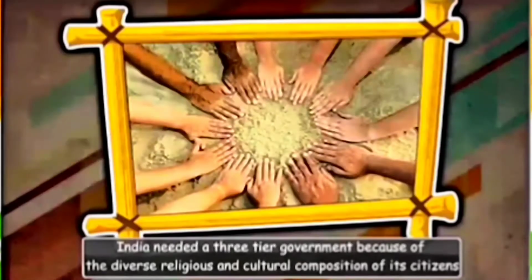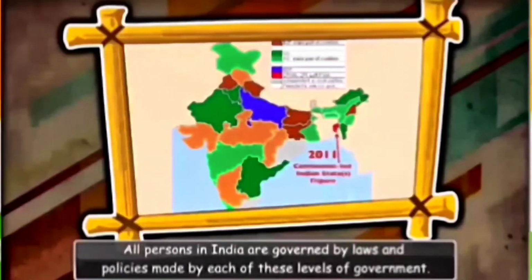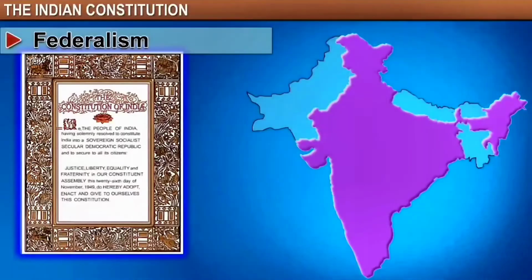That means Panchayat Raj. India needed a three-tier government because of the diverse religious and cultural composition of its citizens. Diverse means difference. All persons in India are governed by laws and policies made by each of these levels of government.